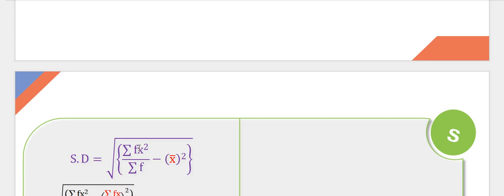But we need to have fx squared, f, and the mean squared. So you need an fx squared, an f, and a mean. So how do we find all these three in order to answer this question?